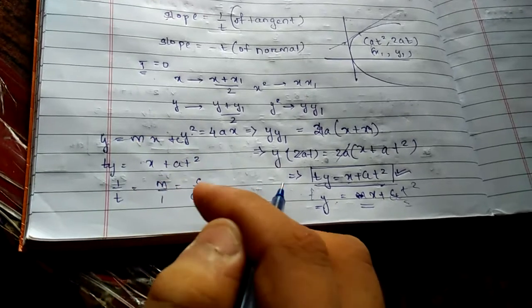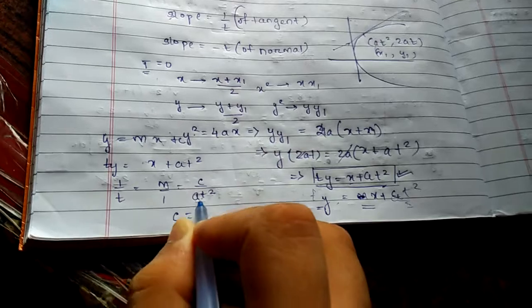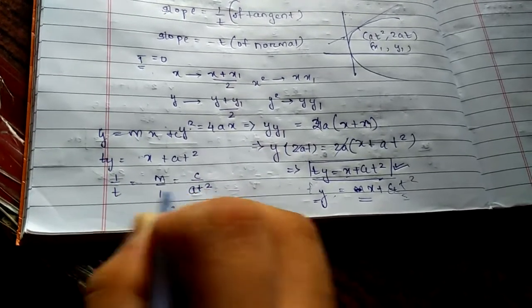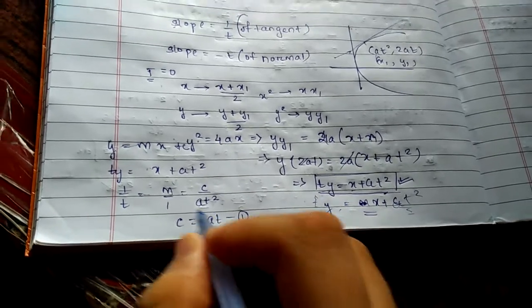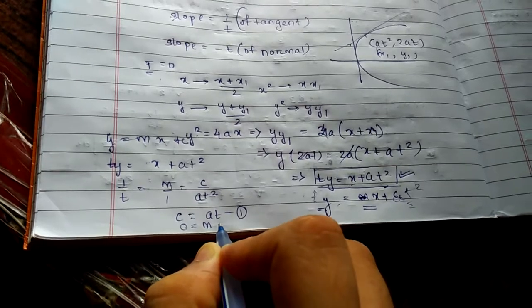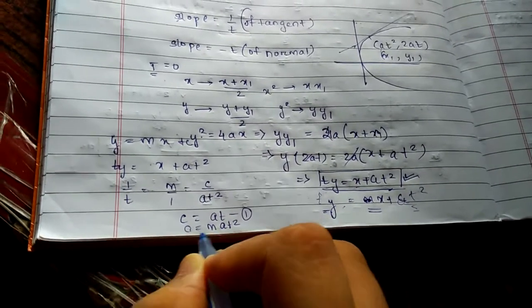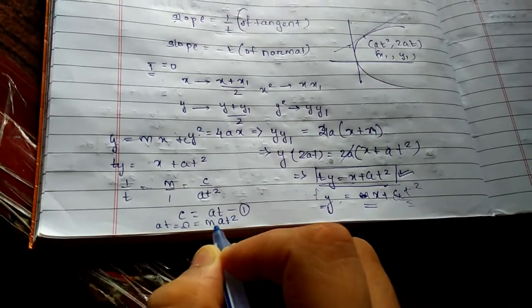Now let us see, c equal to, you multiply and this cancels, c equal to at, equation 1. And next you see here c equal to m into at square. Okay, replace c by at. So what do you get?